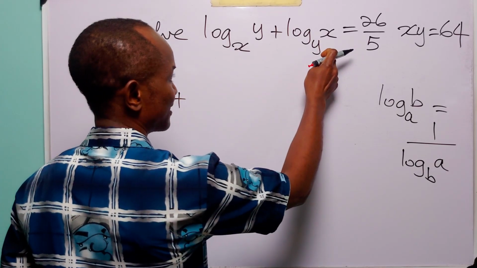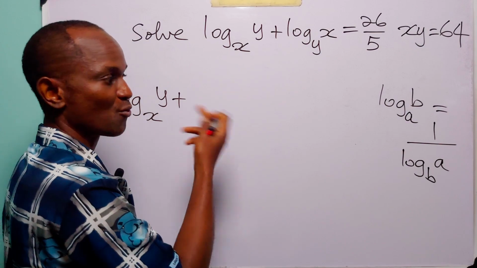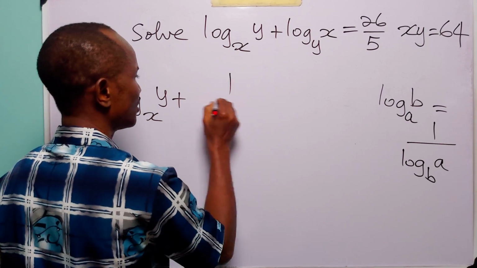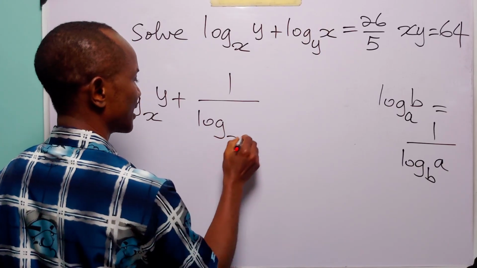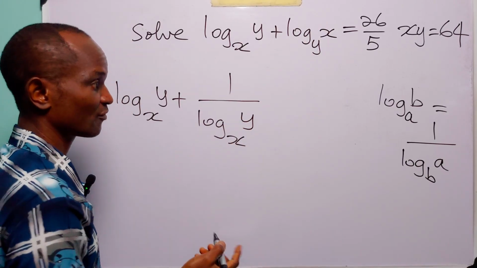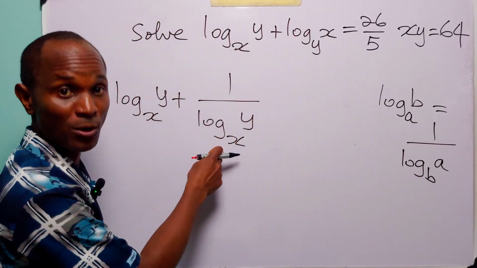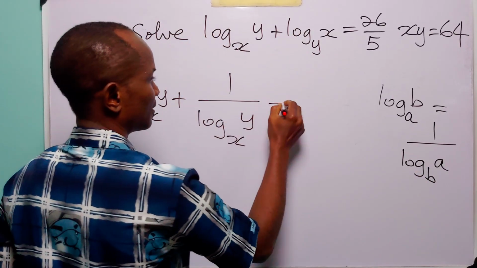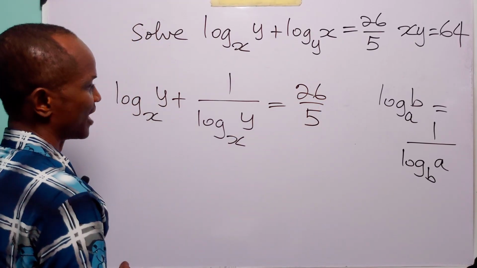But in this second term, instead of having log to base y of x, we are going to make this 1 over log to base x of y. Because of course, according to this identity, we know that this is exactly equal to this. And of course, this is equal to 26 over 5.